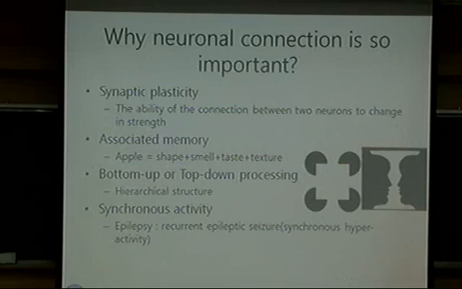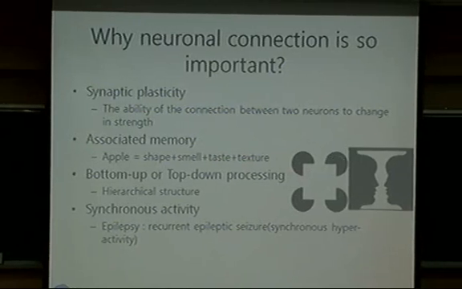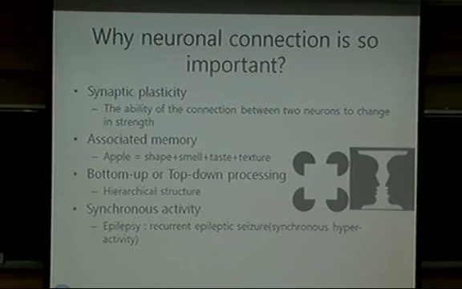Another example is the way of information processing, typically called bottom-up or top-down processing. By these pictures you may imagine what bottom-up and top-down processing are. When you see these pictures, you can see there are some circular things here and here, here and here. How do you know these are circular things?